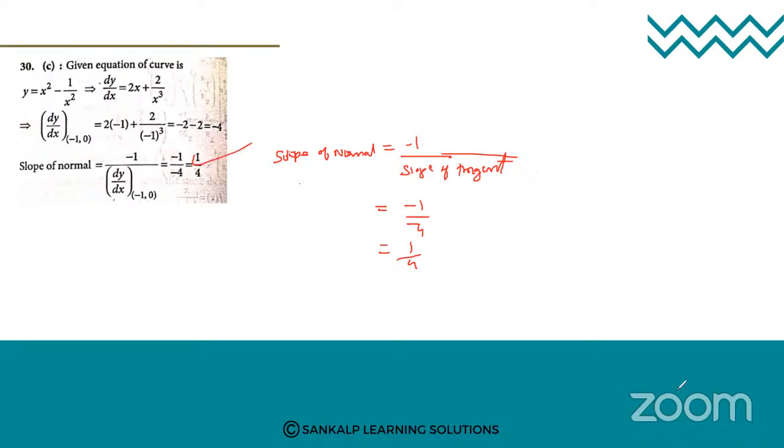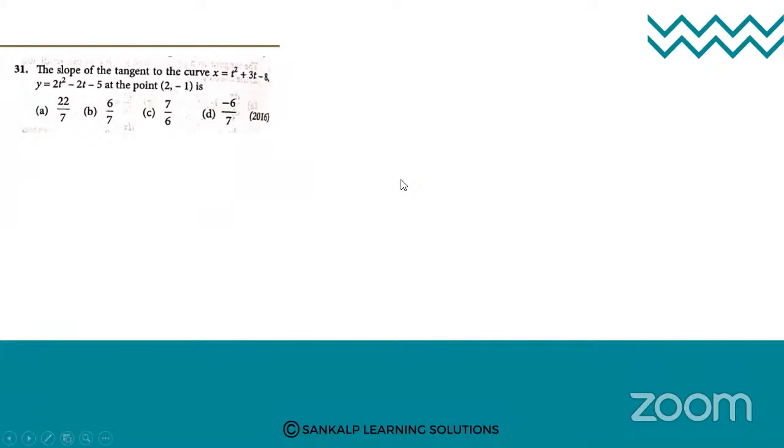Next example, example 31. The slope of the tangent to the curve at the point 2 comma minus 1. So it is similar to question number 29 we had solved. Again, the curves are given in parametric form.